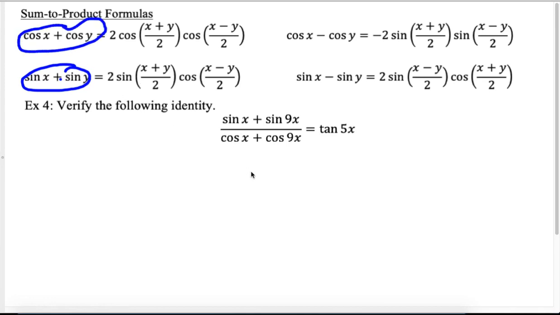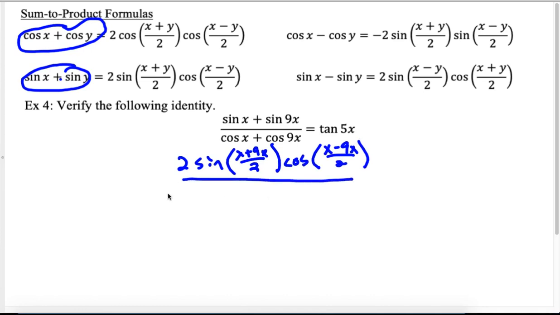So in my numerator, I'm going to have 2 times the sine of the first angle plus the second angle, so x plus 9x over 2, times the cosine of their difference, so the first angle minus the second angle over 2.